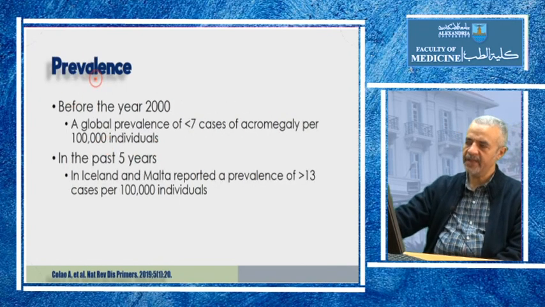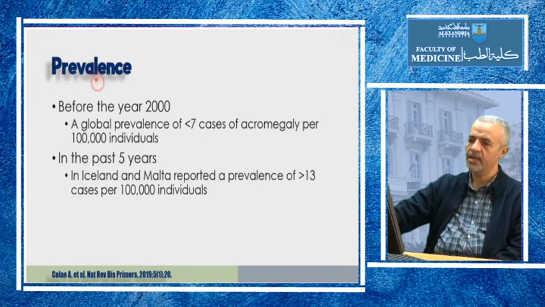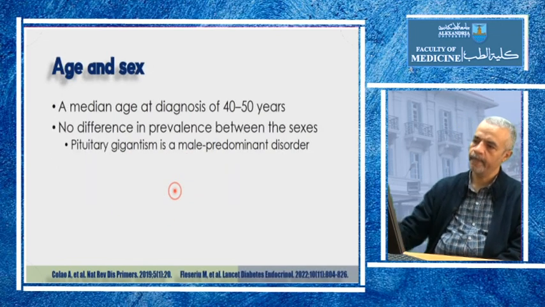For the actual prevalence, which refers to the number of existing cases rather than new cases, before the year 2000, the global prevalence was less than 7 cases per 100,000 individuals. In the past 5 years, it has reached more than 13 cases per 100,000 individuals.